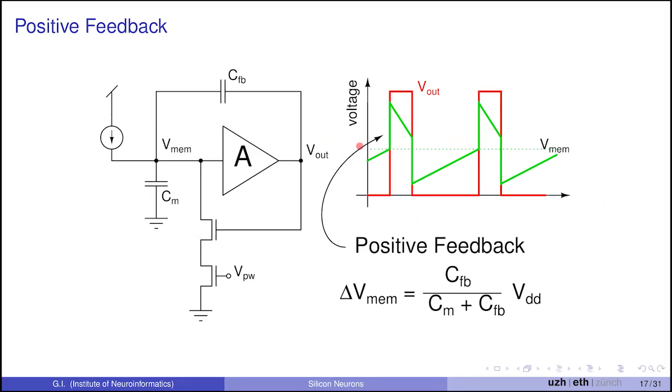And so we have it here. The positive feedback is really nice because by changing the size of the feedback capacitor compared to the membrane capacitance, we can set the noise margin that will kick us away from the switching region so that we can have robust current to frequency conversion.